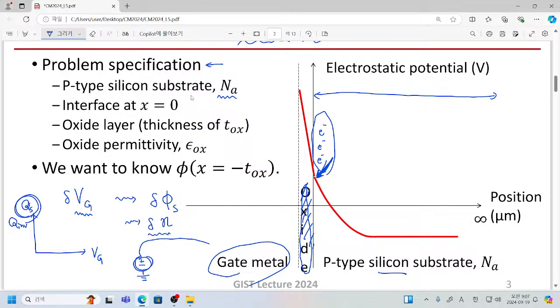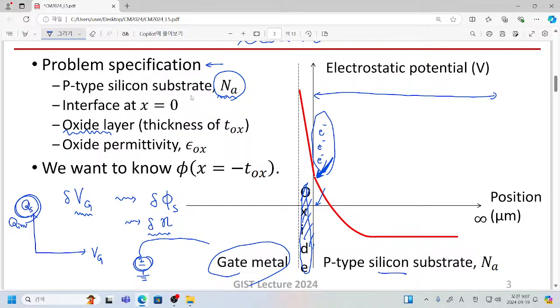Of course, in reality, Na is not constant; doping concentration can vary as a function of position. However, for simplicity, we will assume a constant doping density, and the interface is located at x equal to 0. Now we have additionally introduced an oxide layer whose thickness is written as T ox.